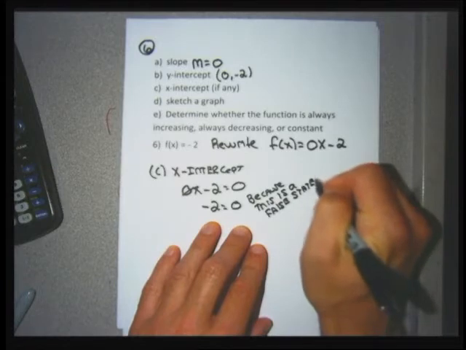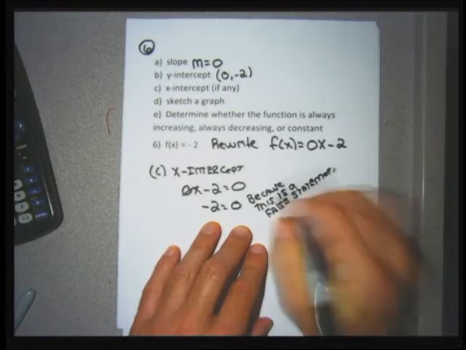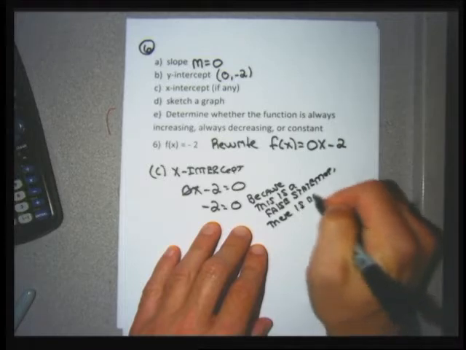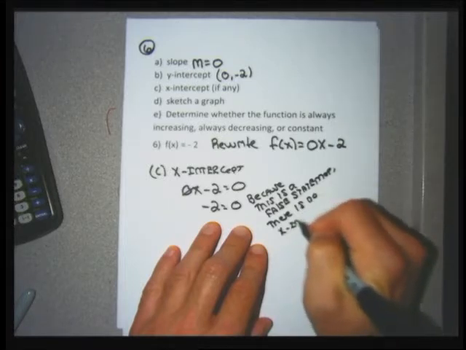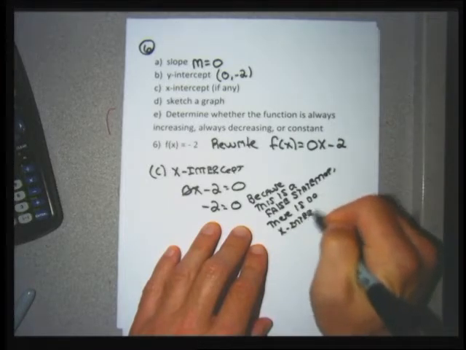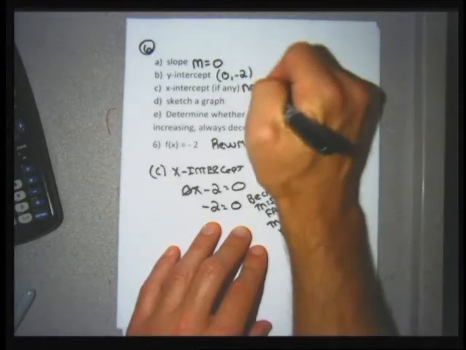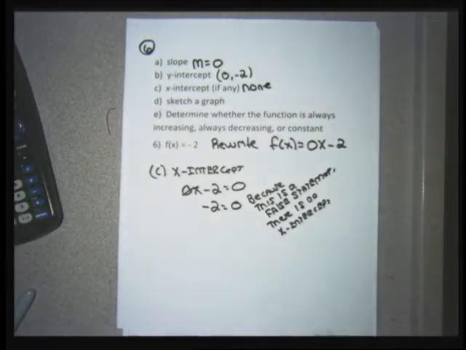That means there is no x-intercept. Because this is a false statement, there is no x-intercept. The graph is actually going to be parallel to the x-axis. So this, if any, was a hint.